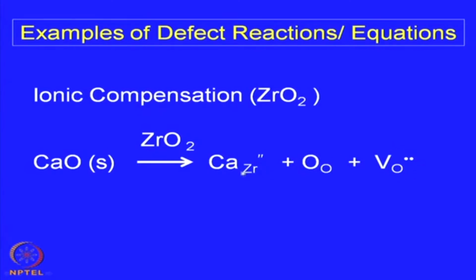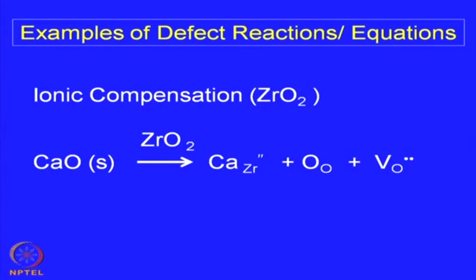One very important example is zirconium dioxide, or stabilized zirconia. Zirconia, as you know, has 3 different polymorphs, and to stabilize the highest polymorph, the cubic polymorph, you have to add some divalent metal oxides like calcium oxide. Sometimes trivalent metal oxides like yttrium oxide are also added.